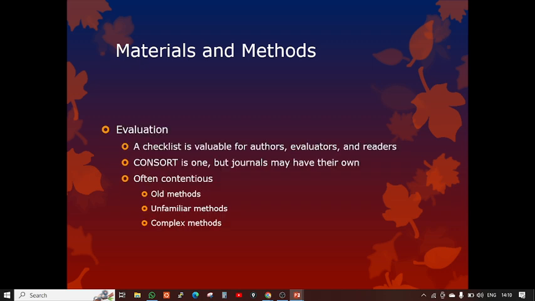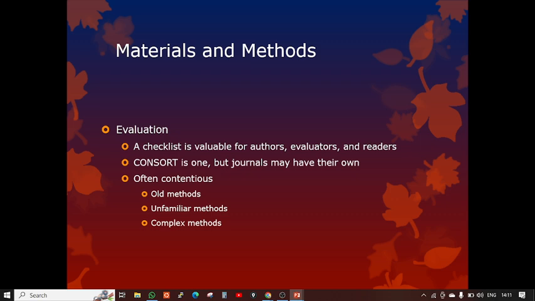Once you are done with your materials and methods section, you have to re-evaluate your writing. A checklist is valuable for authors, evaluators and readers. That means you have to make a checklist of whether all things are clearly written or not.